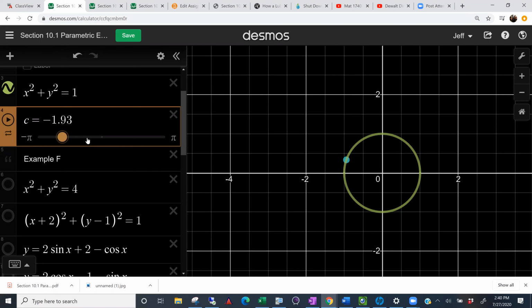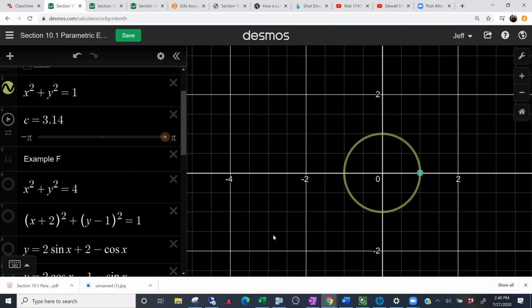Take a look at the little cursor in blue. When I go from -pi to pi, certainly I see the orientation, but do I get the whole circle? Anyone? Did that trace out the whole circle? No, half of the circle. Yeah, just the top half of the circle.